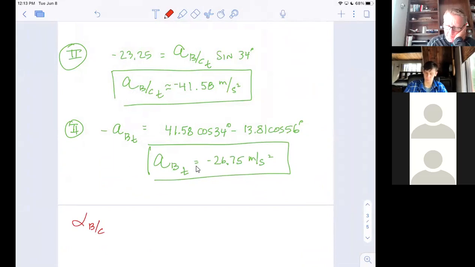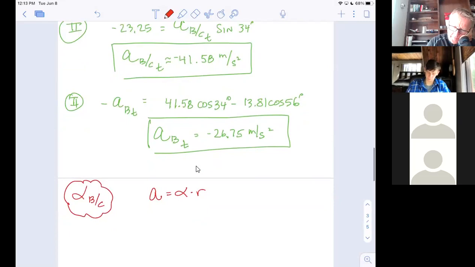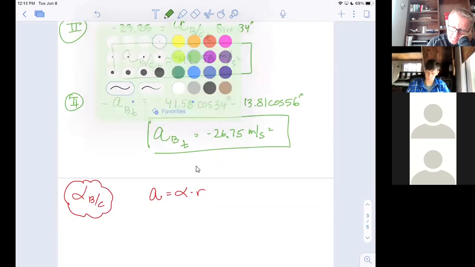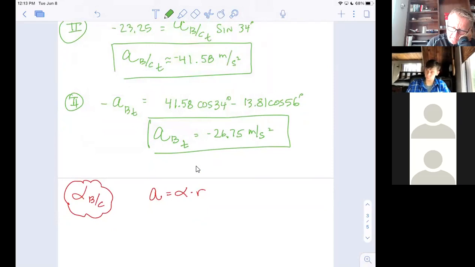So again, I'm thinking back to those formulas we had earlier. I'm trying to find this, and I'm remembering that acceleration was equal to angular acceleration multiplied by the radius. So if that's true, then this acceleration, the acceleration of B, it's acceleration of BC, since that's what I'm working on here.